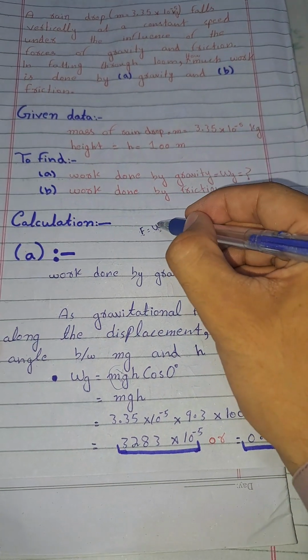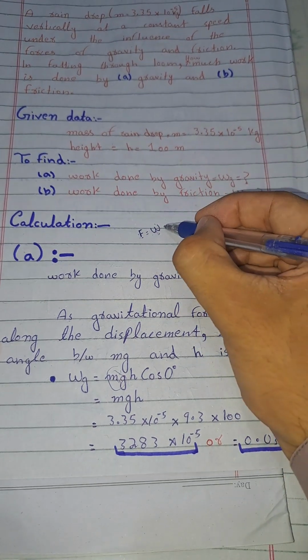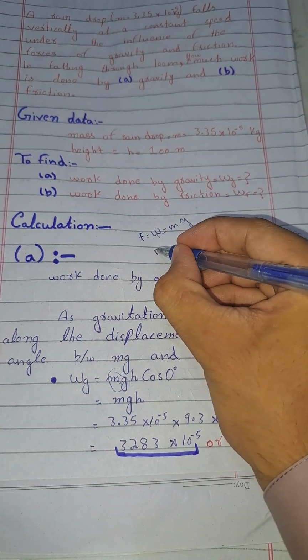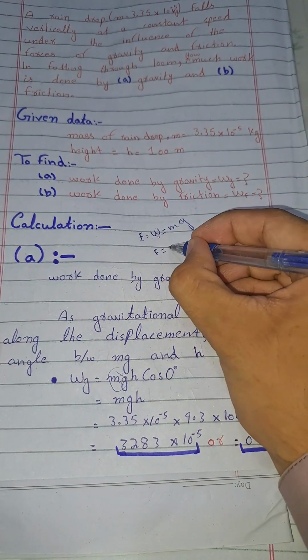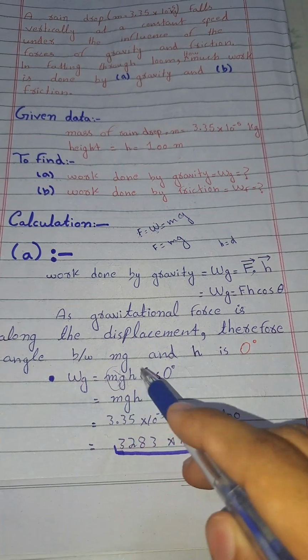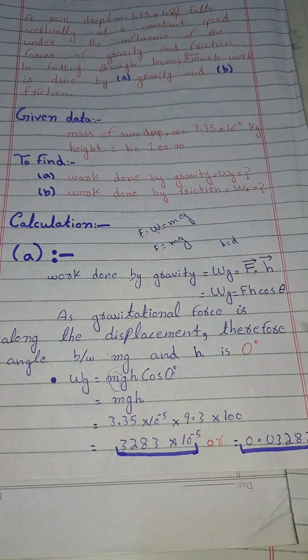We have to consider here that force is equal to weight, and weight is equal to mg. So we can simply write that F is directly equal to mg. So work is mg h cos 0 degrees. Cos 0 is always 1.